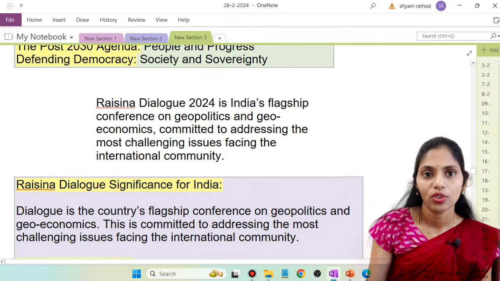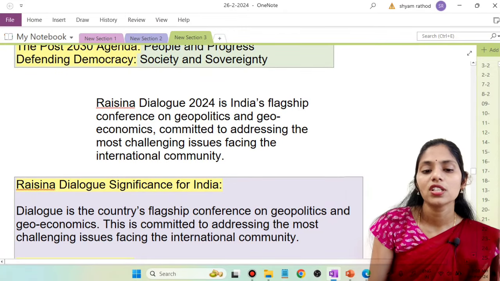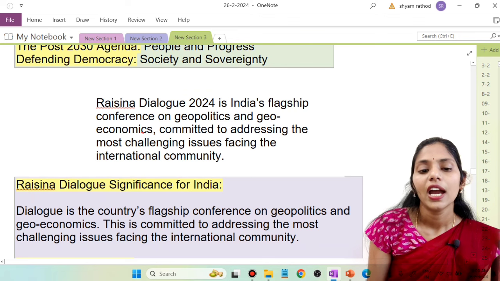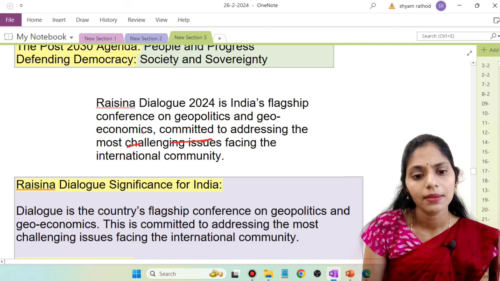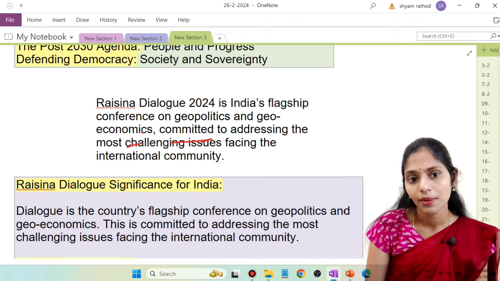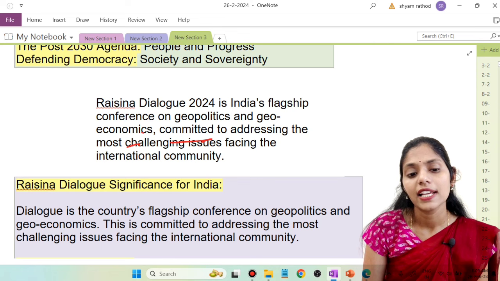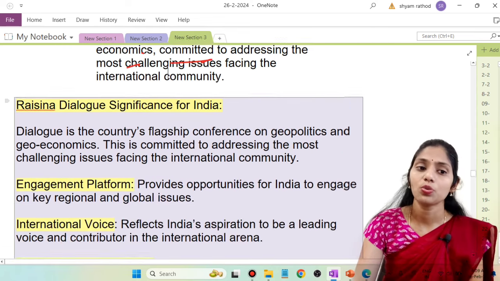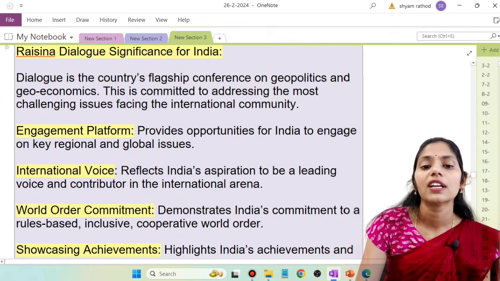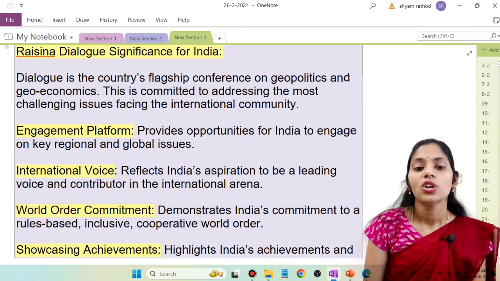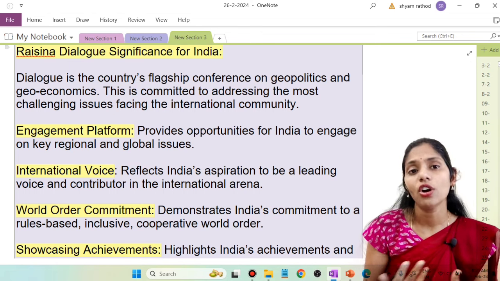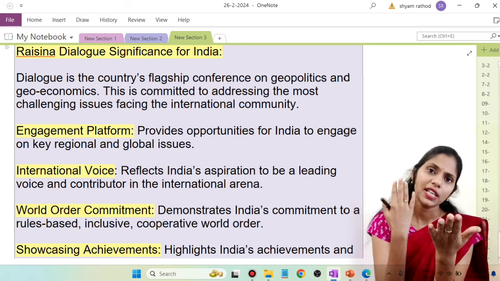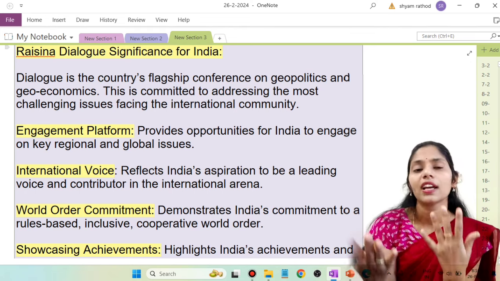The Raisina Dialogue 2024 is a flagship conference on geopolitics and geoeconomics, committed to addressing important challenges faced by the international community. What is its significance for India? It is the country's flagship conference on geopolitics and geoeconomics.